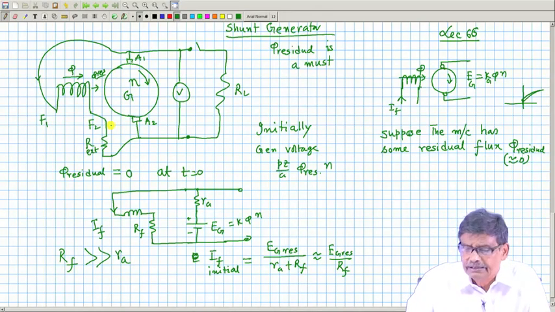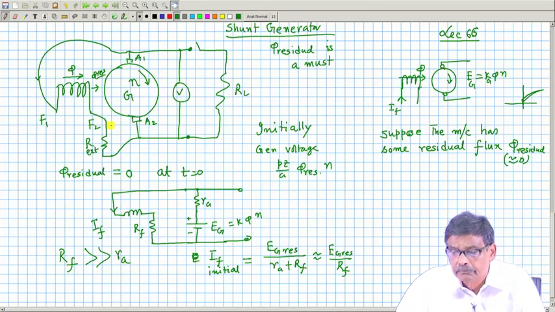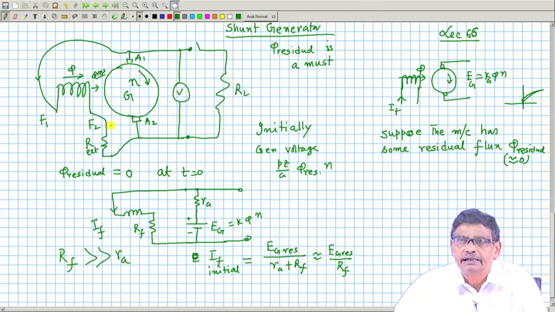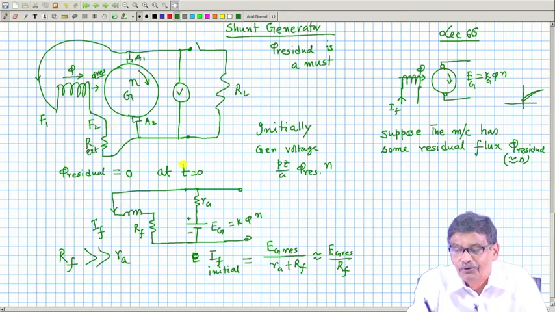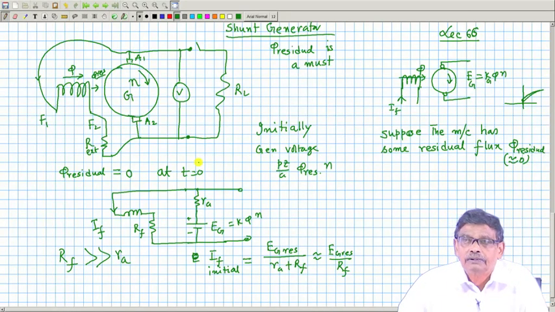But this is the qualitative assessment, but I want to know how much exactly will be the voltage. Merely stating that it will grow up voltage and things like that will not do. I must know how much real voltage, if I want to generate 220 volt, what should I do?